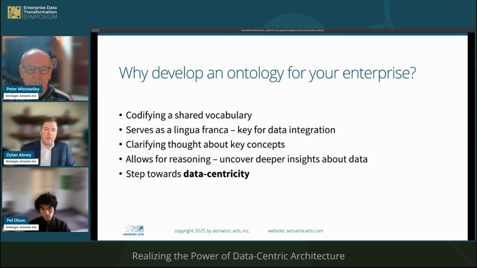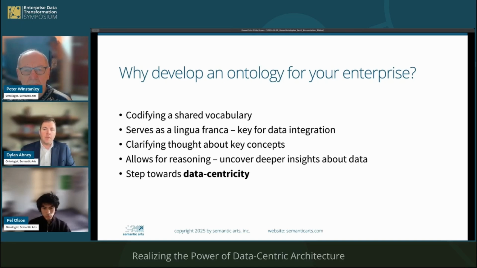Reasoning with an ontology serves at least a few purposes. First, you can check the internal consistency of your ontology to make sure the axioms you've developed aren't logically at odds with one another. Second, you can make sure all of your data is consistent with the ontology. For example, if you have two disjoint classes, like we saw on the previous slide, plant and animal, and you've asserted that Frank is both a plant and an animal, then a reasoner is going to catch this error.